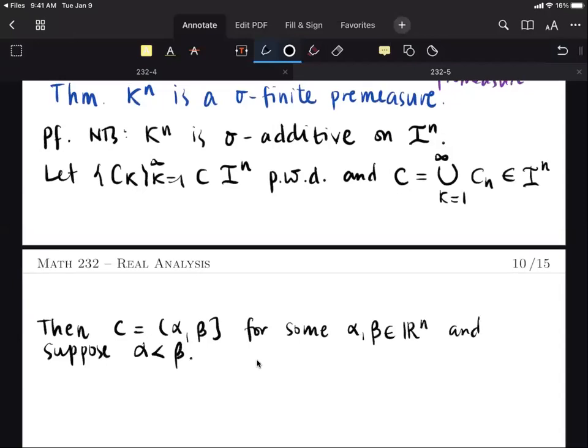In other words, the corresponding components of alpha are strictly less than the components of beta. Otherwise, this would be an empty set if at least one of the components are the same. Okay. And the empty set is considered as a cell.